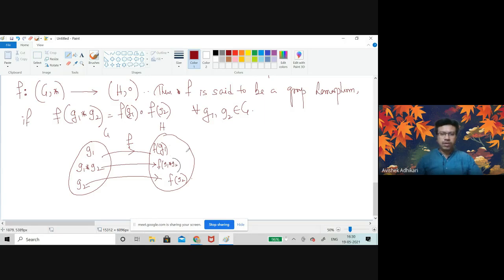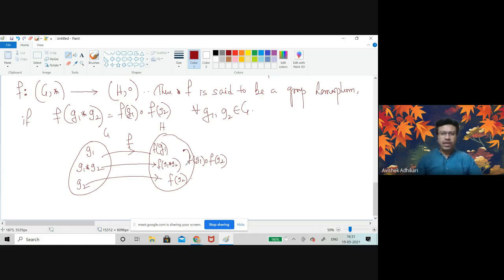Now these two elements are elements of H. So what operation is there? Closure, this one. So F(g1) composition F(g2) will also be an element somewhere, say here.